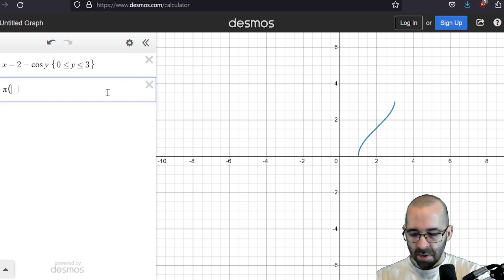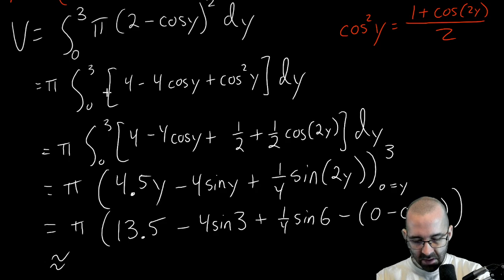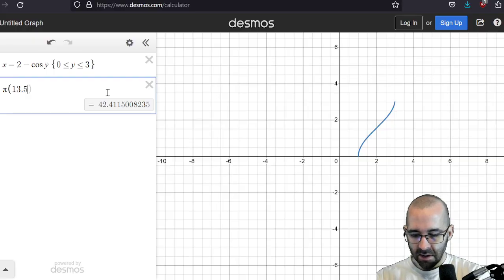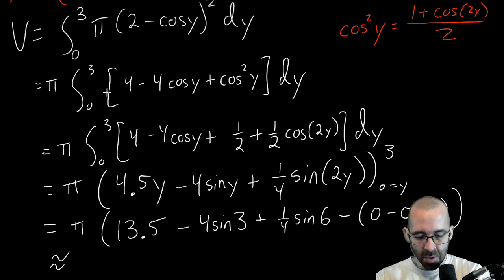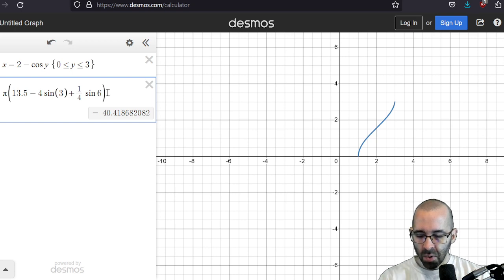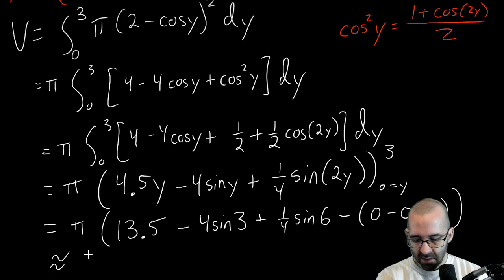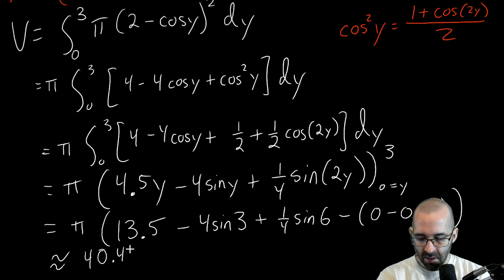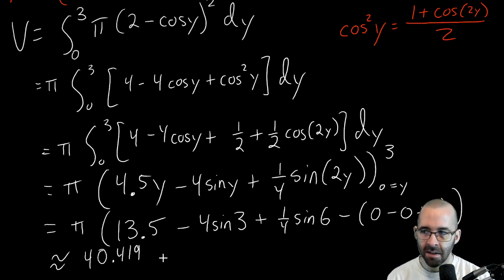Approximately, pi times 13.5 minus 4 sine 3 plus a quarter sine of 6. 40.419. Oh, that's way bigger than 1.